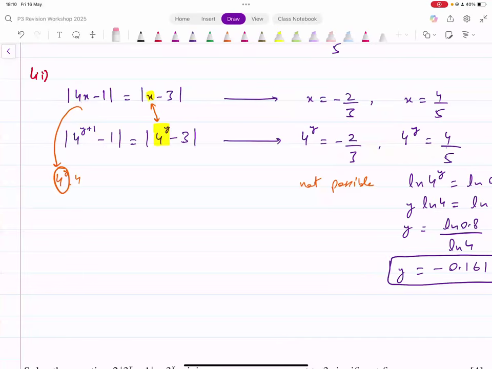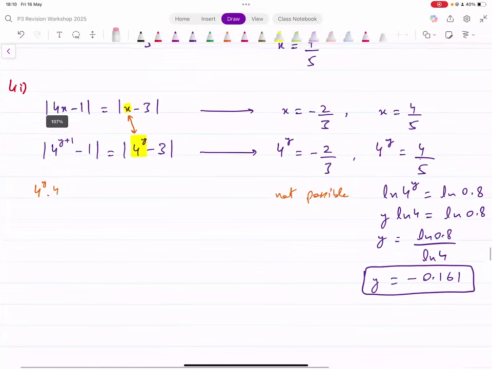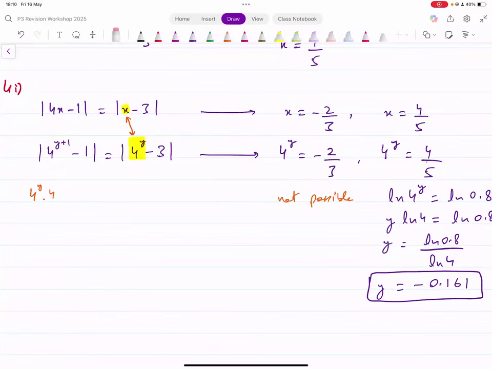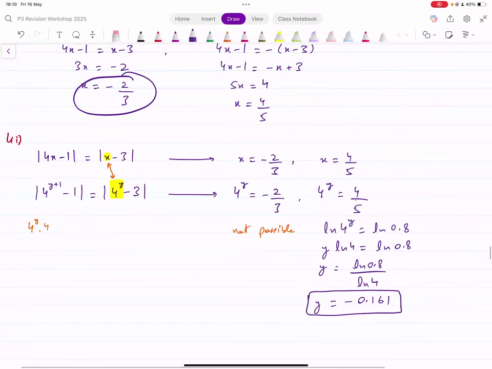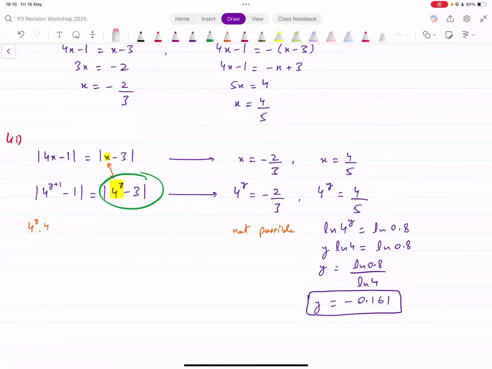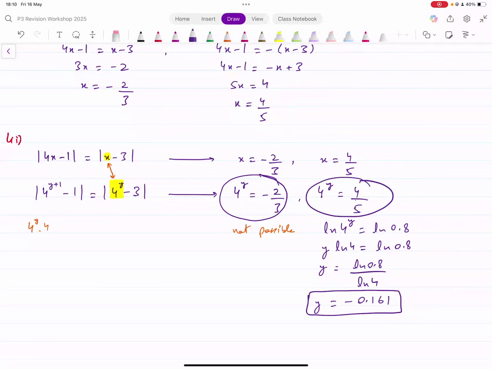So what's happened in the second equation is that x has been replaced with 4 raised to power y. Now, what that means is whatever values of x we got from the first equation, now in the second part, for this equation, those will be the values for 4 raised to power y. So 4 raised to power y equals minus 2 over 3, or 4 raised to power y equals 4 over 5. And then we solve those two equations separately using logs.